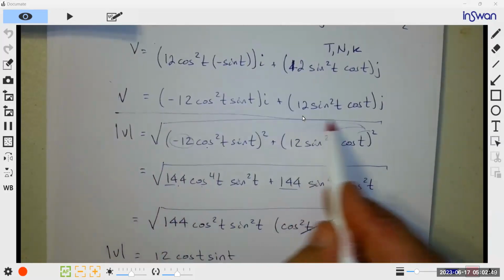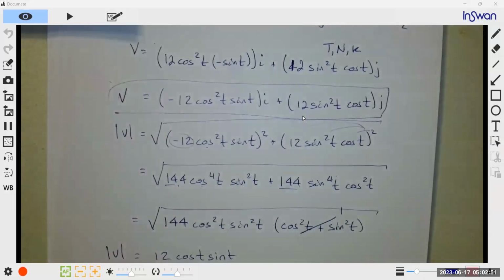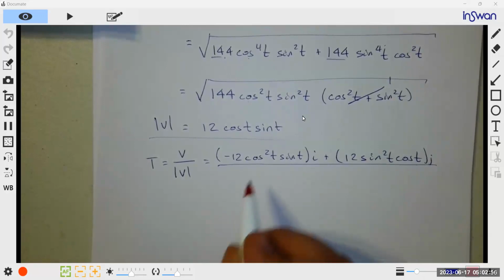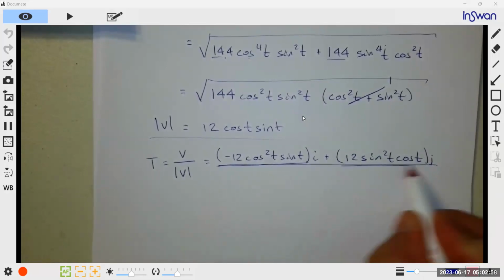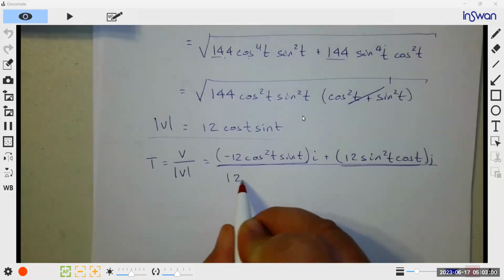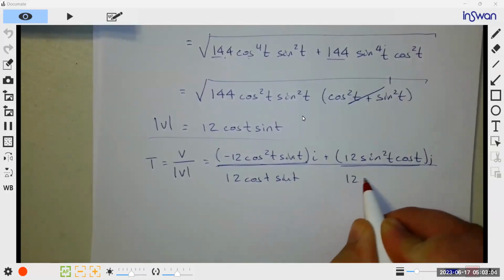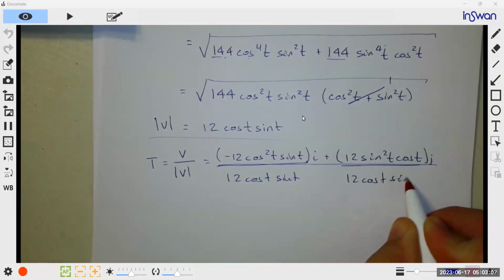Here's my V. All over, well, it's going to be over each one separately. So 12 cosine T sine T, 12 cosine T sine T.